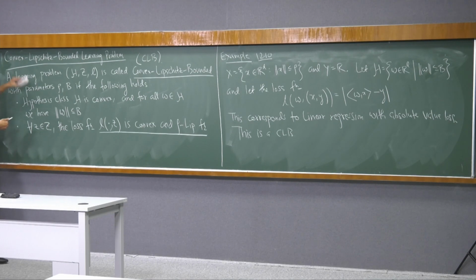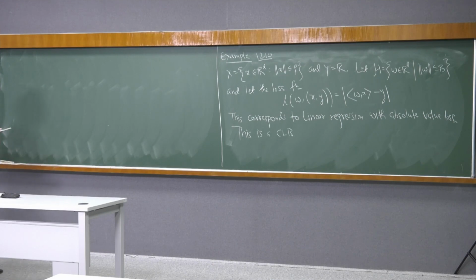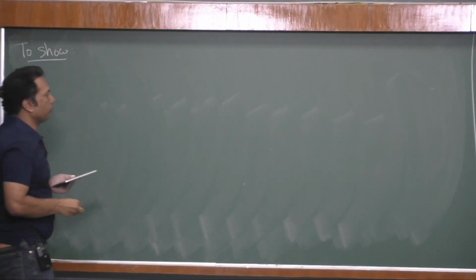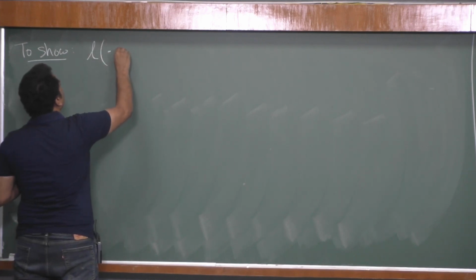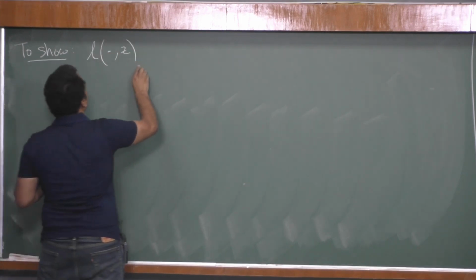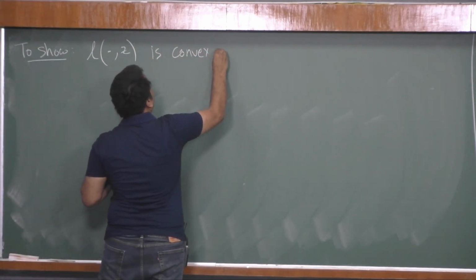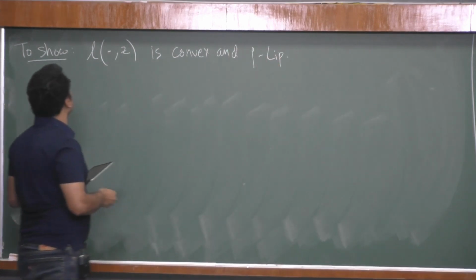Then we can memorize this basically and proceed to prove that. So the thing that is left is to show that l as a function of w, for any z, is convex and rho-Lipschitz.